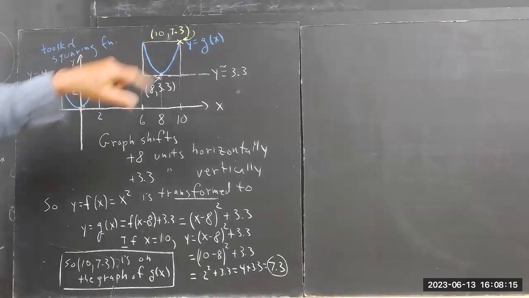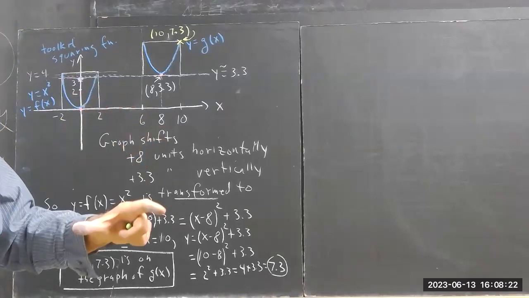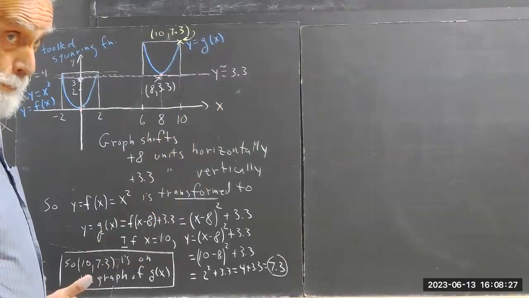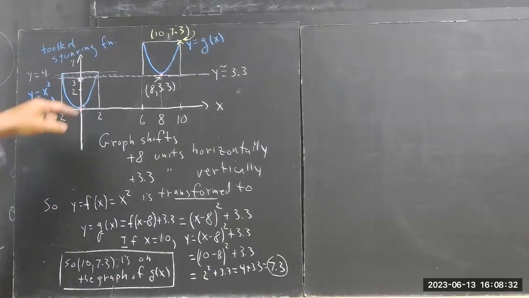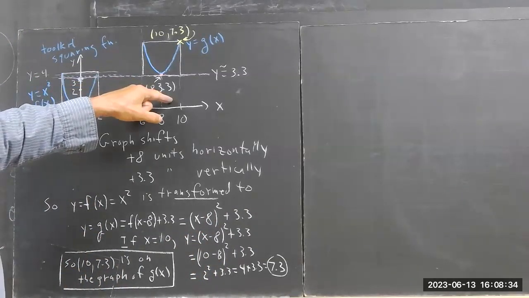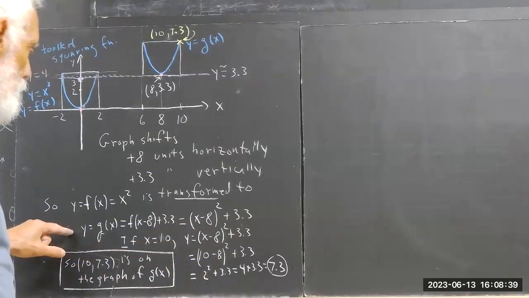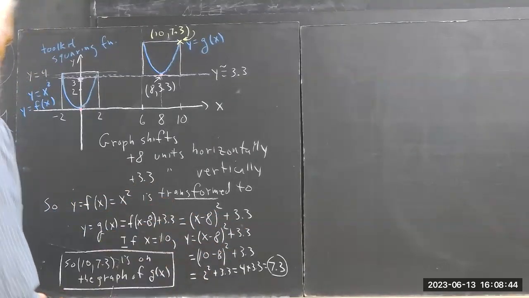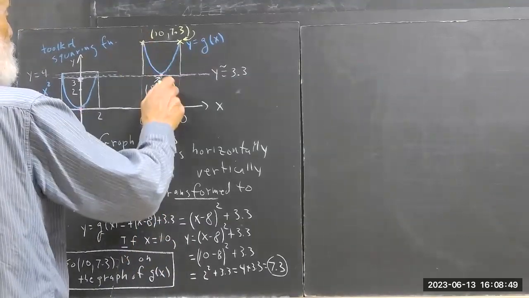Take what we get if we shift any of the points for x equals -2, -1, -1/2, 0, 1/2, 1, 2. We know what the values of y are on this graph. Take the coordinates of that point, add 8, and move up 3.3, and whatever numbers you get, the y is going to equal what you get if you do this same thing. So I would recommend you at least do it for this point and this point.